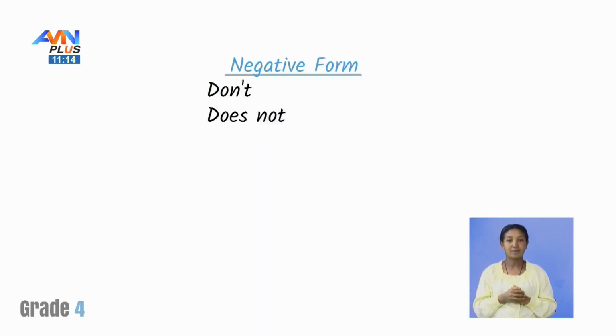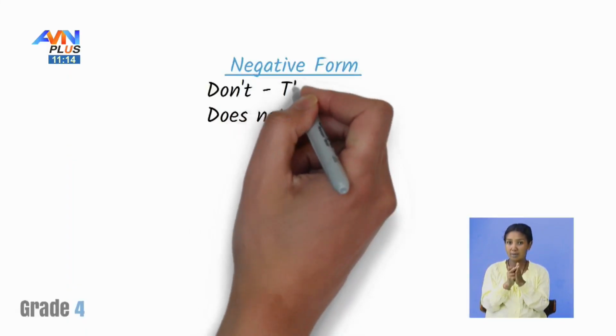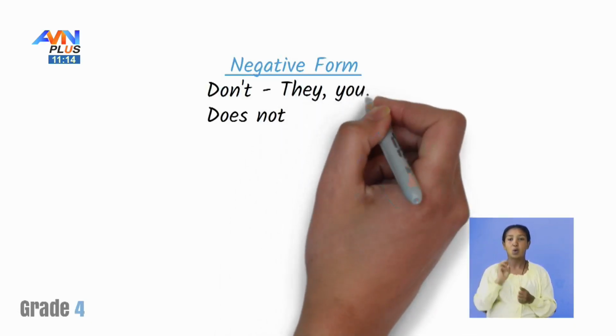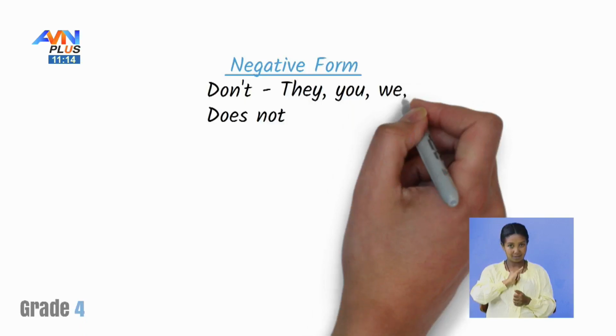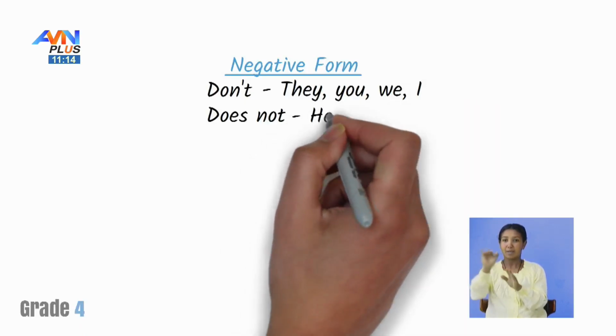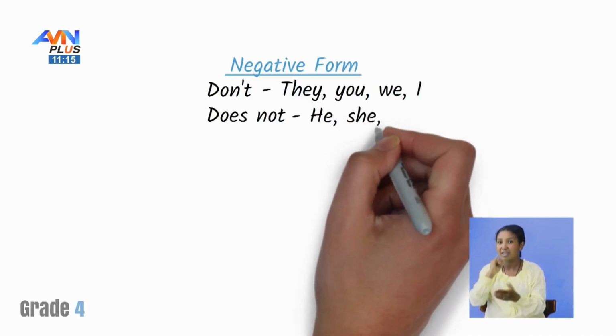It is the same rule as before for interrogative questions: they, you, we, and I use do not. Does not is for he, she, and it, the singular subject.